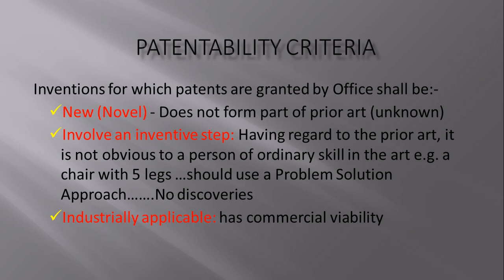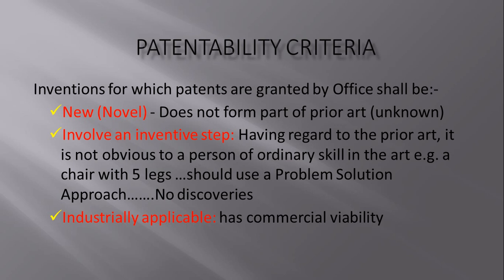Then we also look at the issue of, is your invention useful? Can we make it or reproduce it at an industrial scale? After we've made it at an industrial scale, is it usable in solving a particular problem?